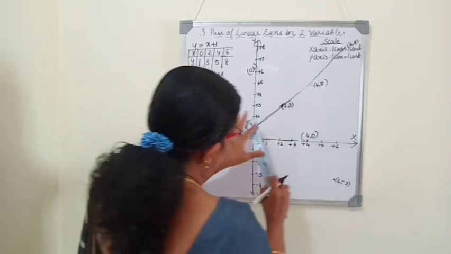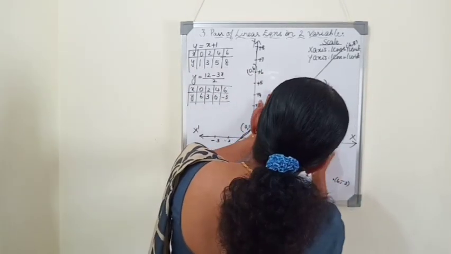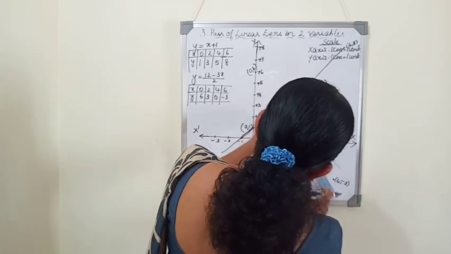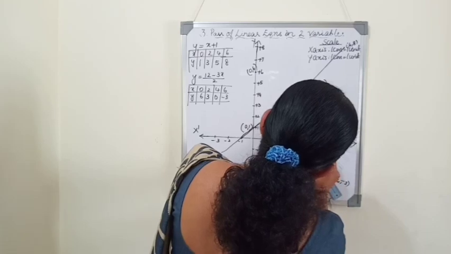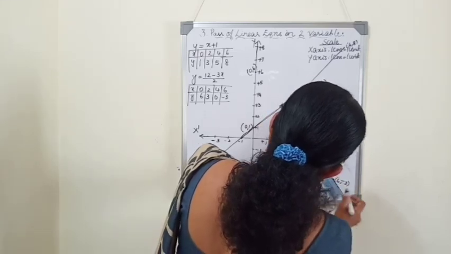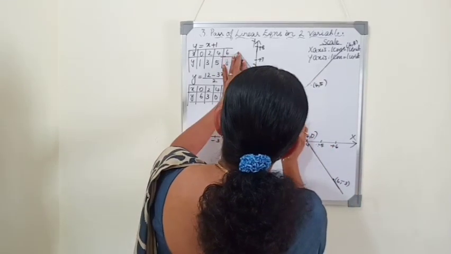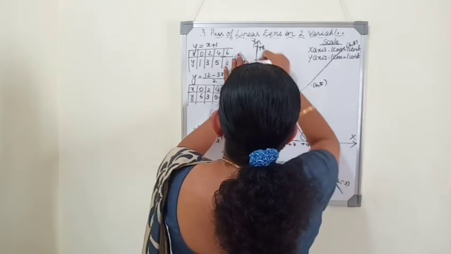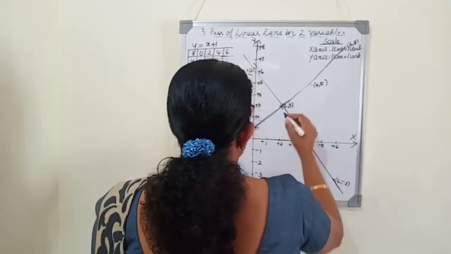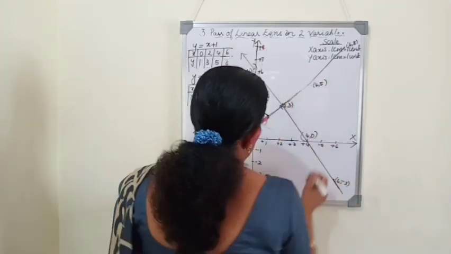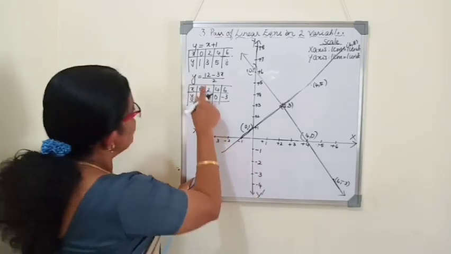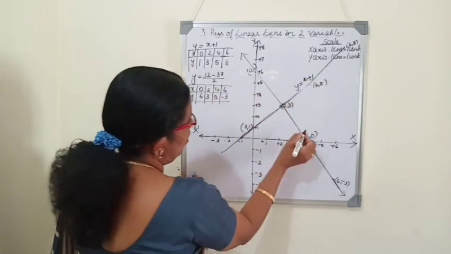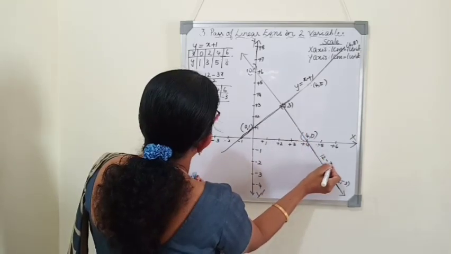Now we will join. This is the second equation. So first equation y equals x plus 1 and second equation is y equals 12 minus 3x by 2.